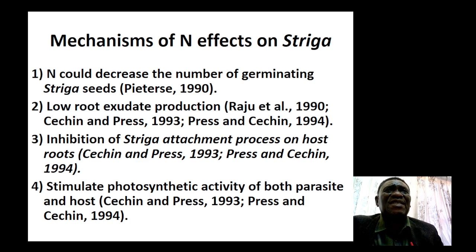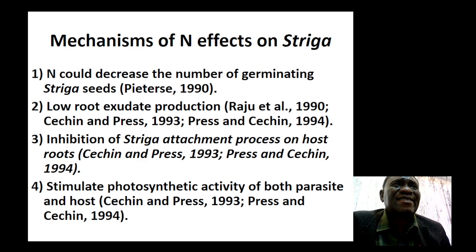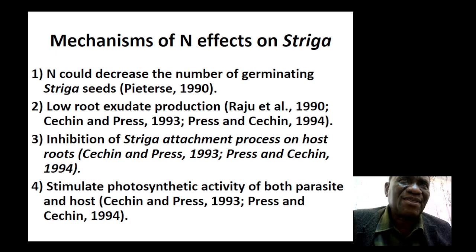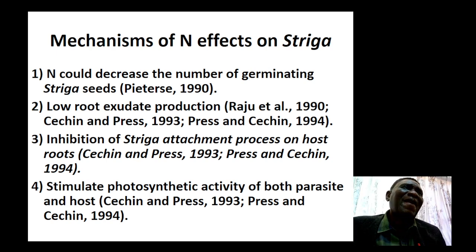The other issue is that nitrogen can stimulate photosynthetic activity of both parasite and the host. So increasing nitrogen or making sure that there's adequate nitrogen in the soil may reduce the impact of the parasite.